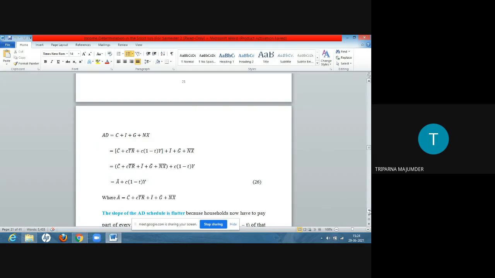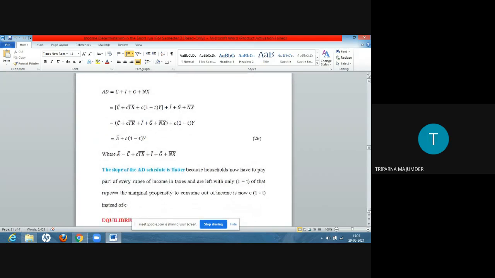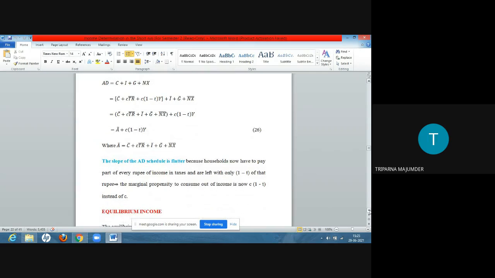So what happens to the slope of the aggregate demand schedule? It becomes flatter because households now have to pay part of every rupee of income in taxes and are left with only 1 minus t of that rupee. What does it imply?